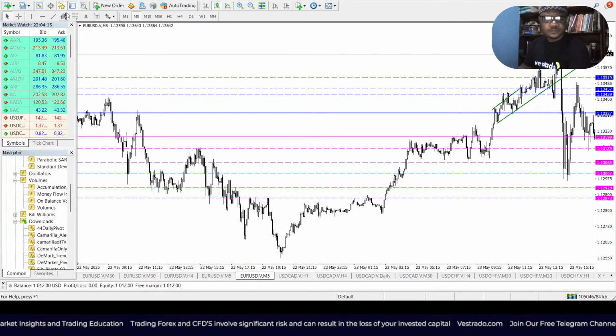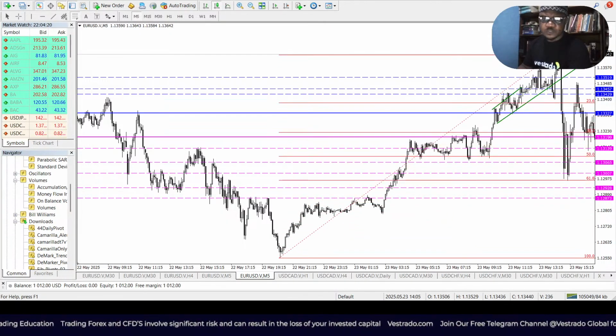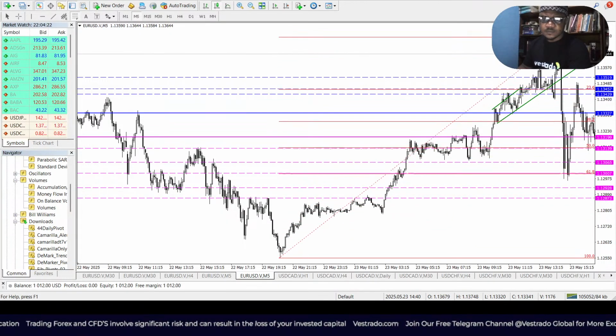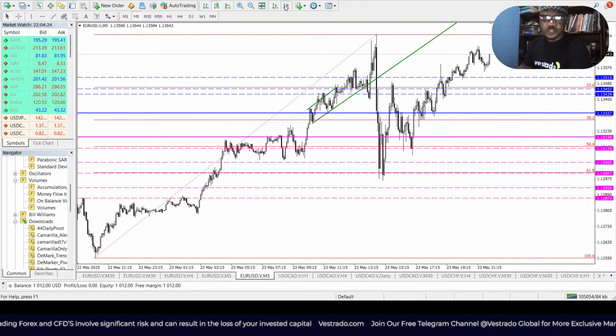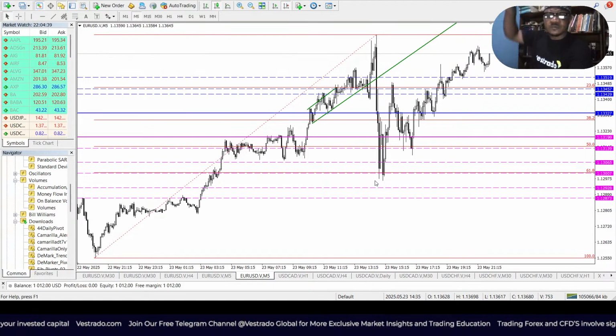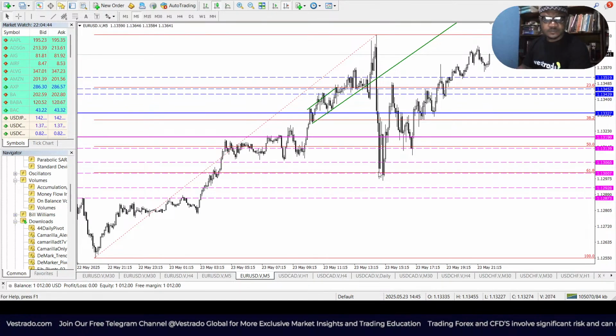Look, if I draw from the beginning of this trend up until here, if you train your eyes and follow the markings, you see that the trend from here up until here, price reversed, touched the 61.8% mark, reacted to it, and then went back up again. You can see that right there.